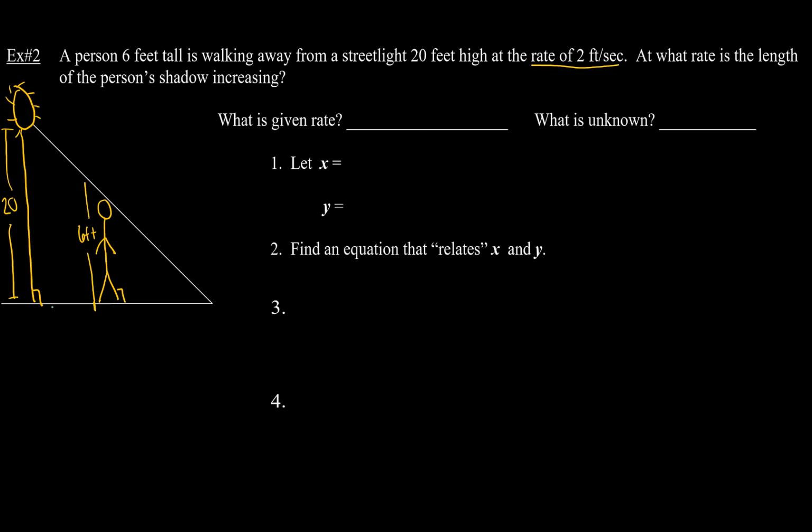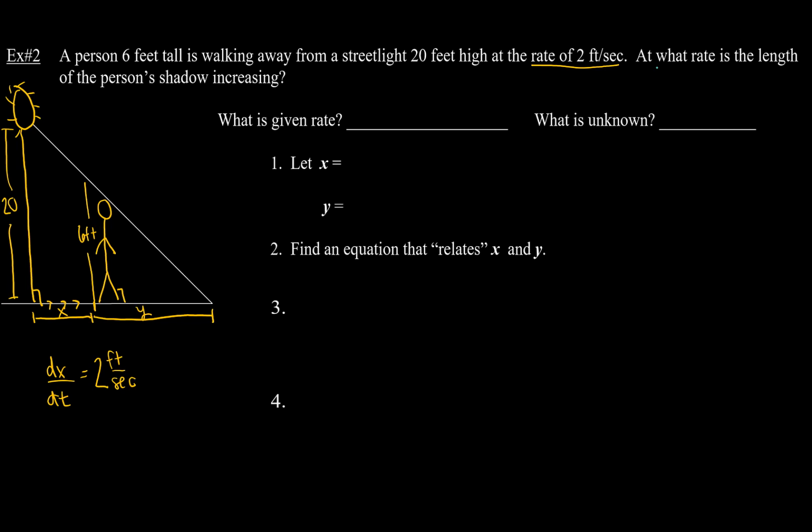So let's split this little triangle up. From here to here is x. Let's call from here to here y. And we know that the person is walking away, so dx/dt is my 2 feet per second.